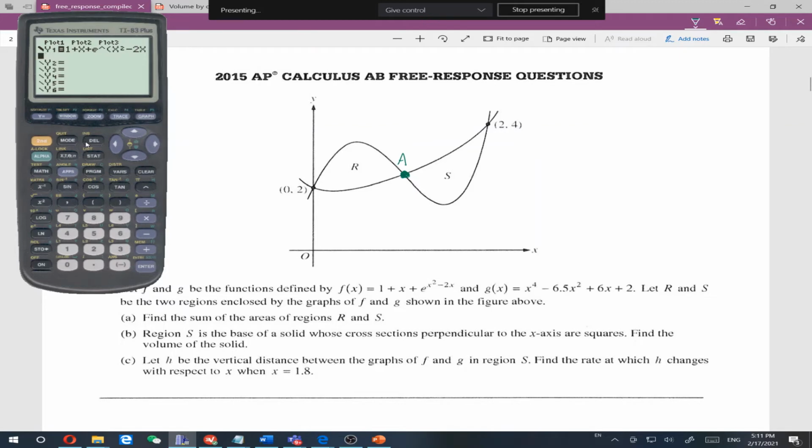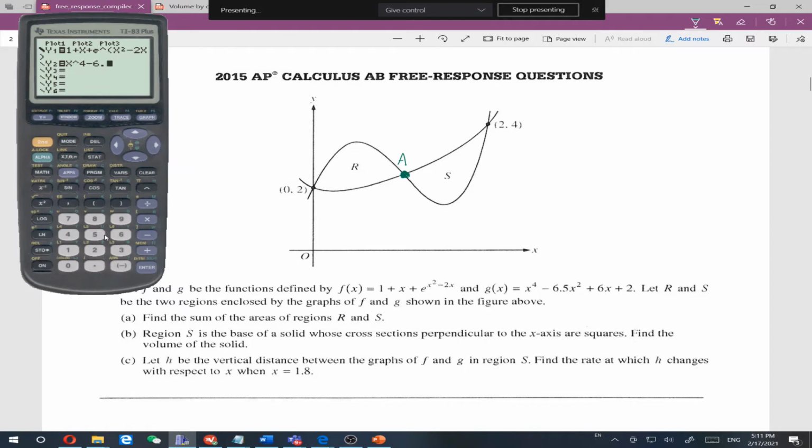minus 2x, sorry. Okay. And g(x) is x to the 4th minus 6.5x squared plus 6x plus 2. Okay, so y1 right now is f, and y2 is g.